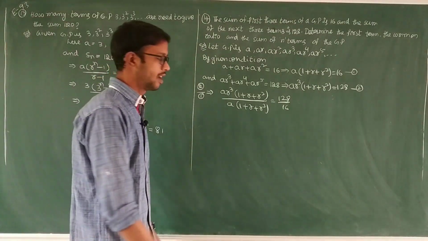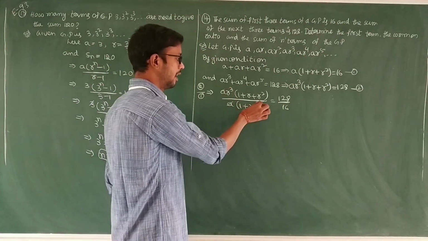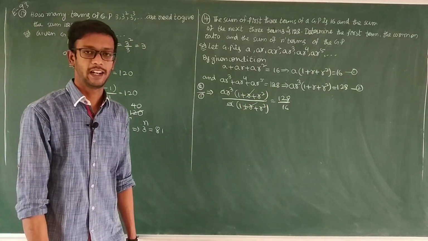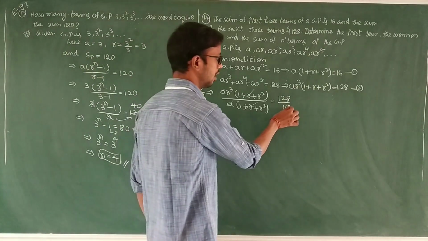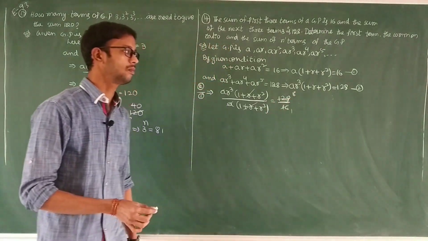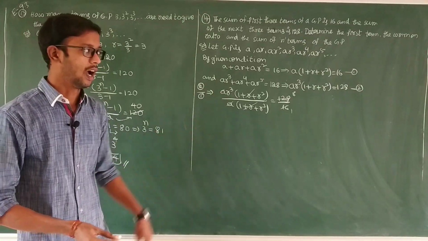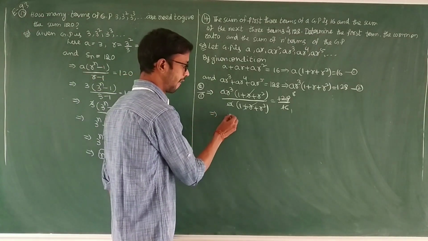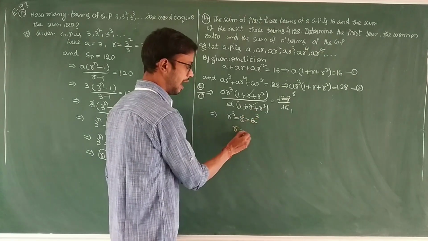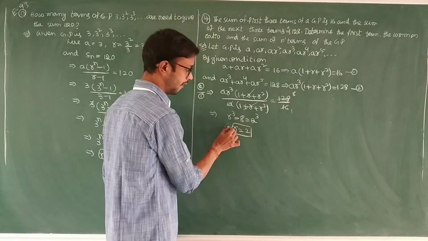So now make the cancellation here. a gets cancelled. 1 plus r plus r square gets cancelled. 16 table cancellation, 16 8s. Next, r cube is equal to how much do you get? 8, that is nothing but 2 cubed. r is equal to 2.